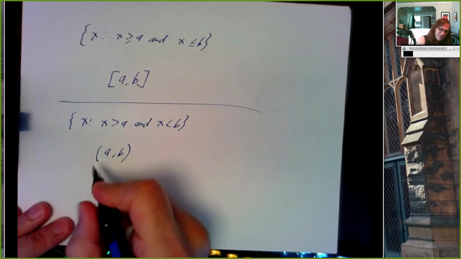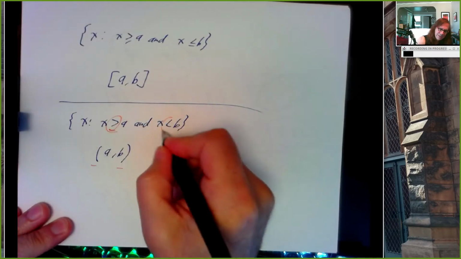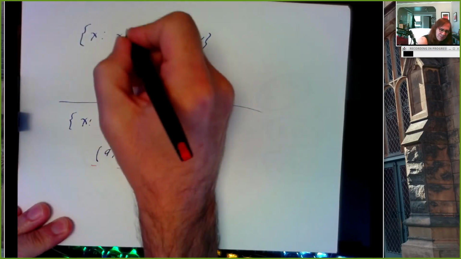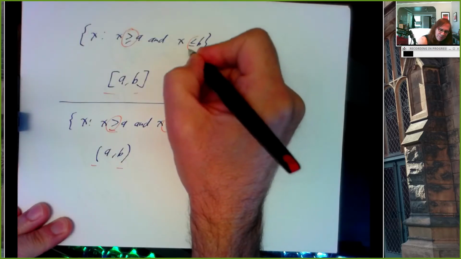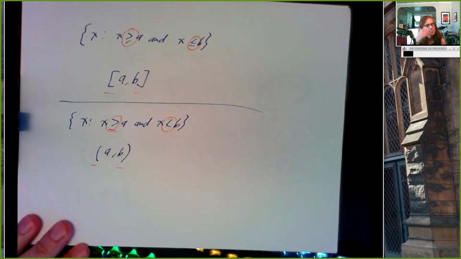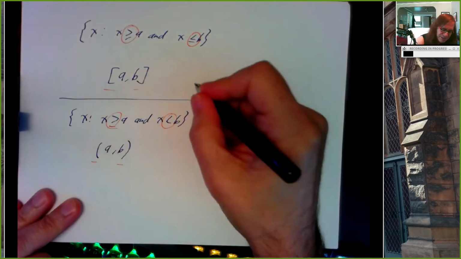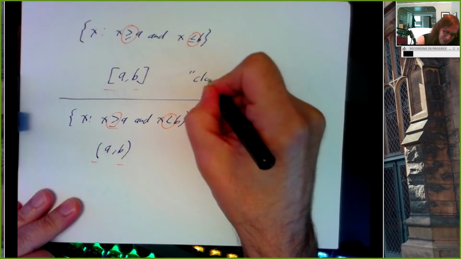And so the parentheses really correspond to the less than and the greater than, and the square brackets correspond to less than or equal to, greater than or equal to. And this is called a closed interval.